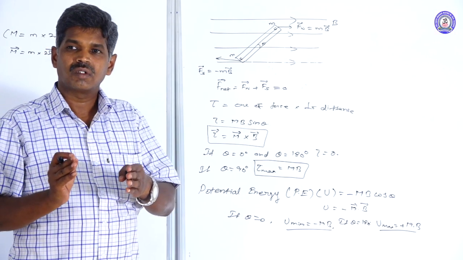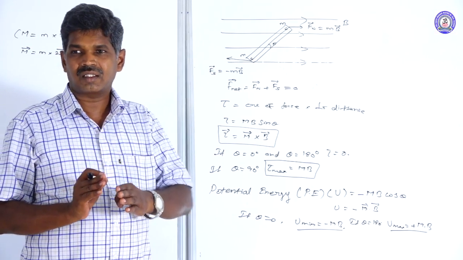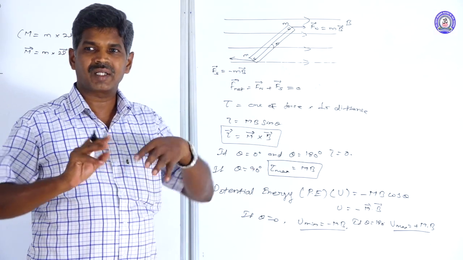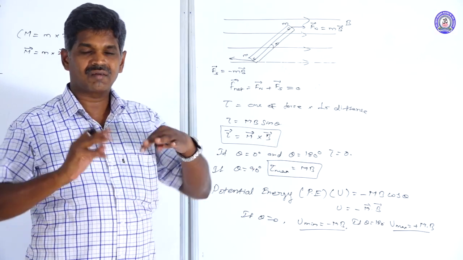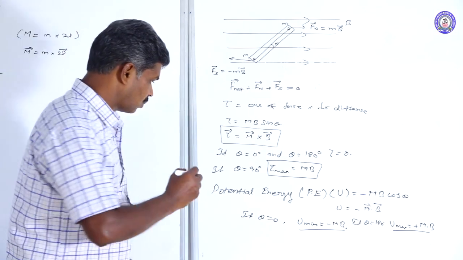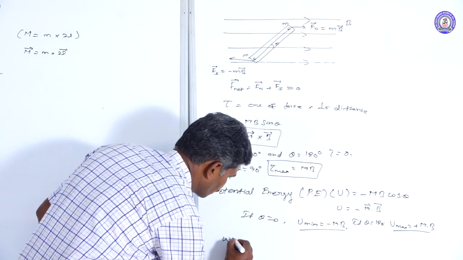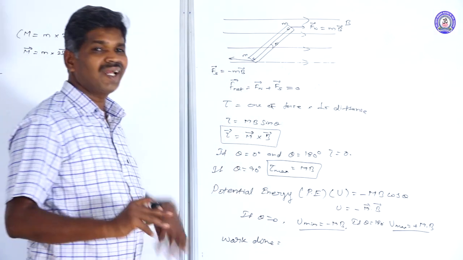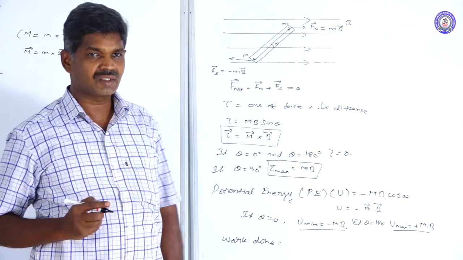Suppose I want to rotate that magnet through some angle. There we need work done by an external agent. In general, the work done formula is final potential energy minus initial potential energy.